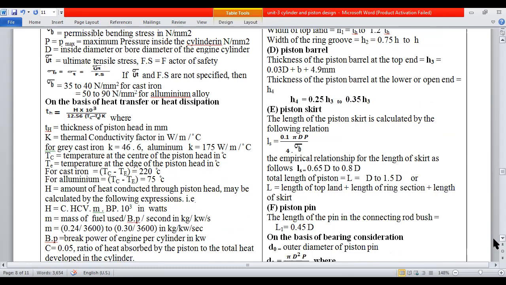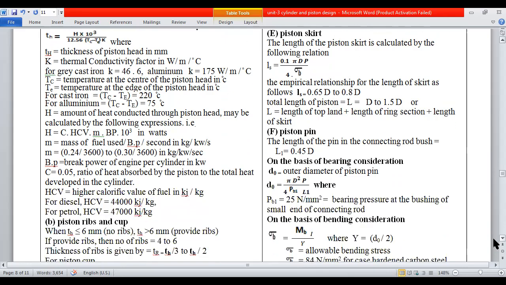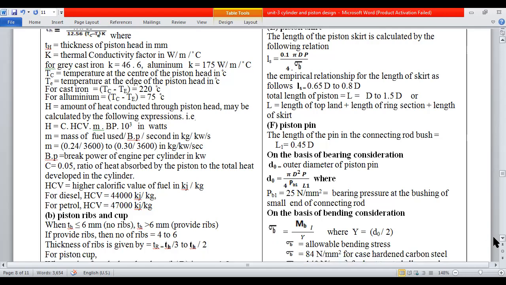Okay, and in sixth step, you have to find the dimensions, outside and inside diameter of the piston pin. In sixth step, you have to design a proper size of the piston pin or gudgeon pin.